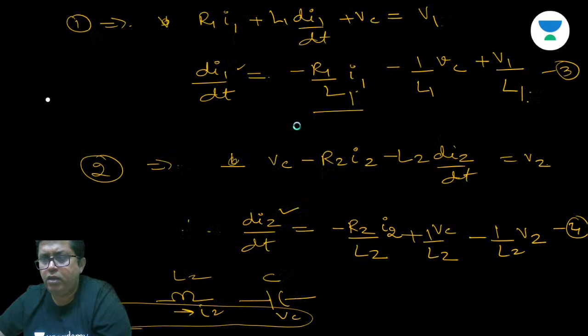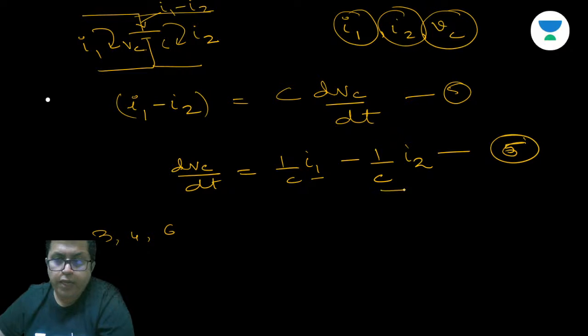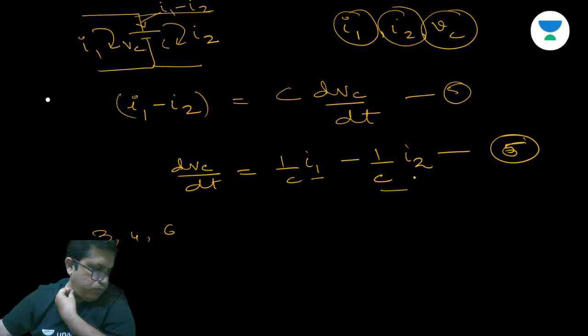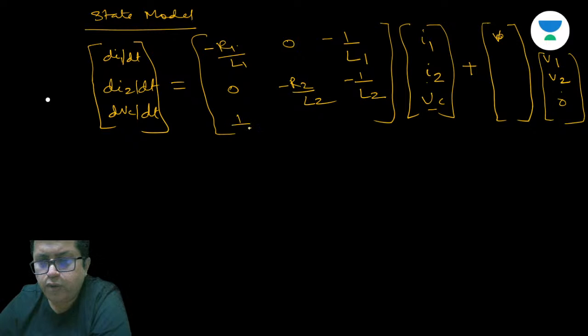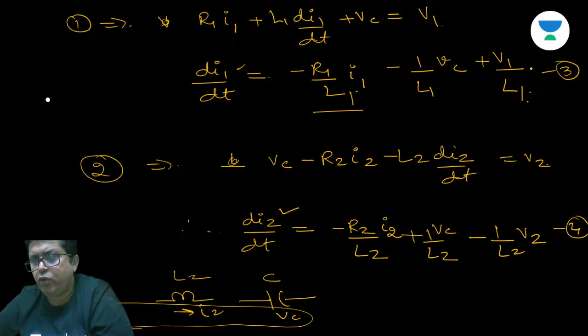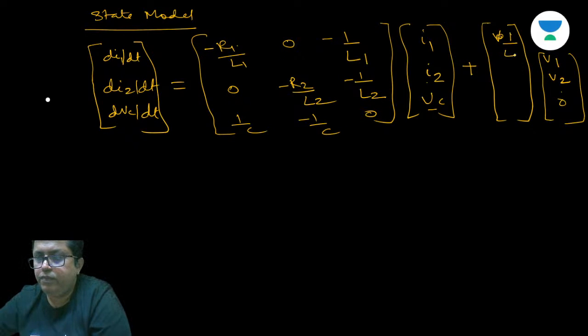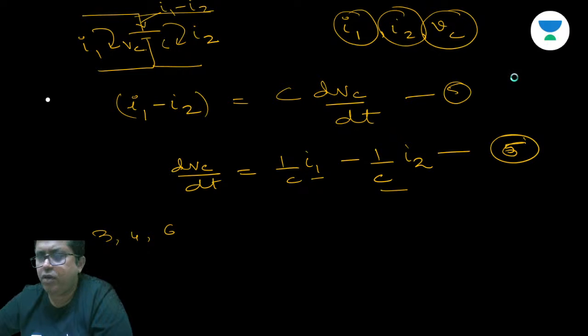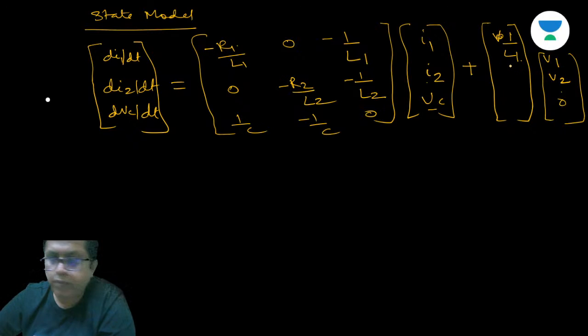Equation number 5: there is a 1 by C term for I1, minus 1 by C term for I2, and no term for VC, so 0. For the input voltages, in equation 3 there is one term, V1 multiplied by 1 by L1. V2 term, in equation 4, minus 1 by L2.